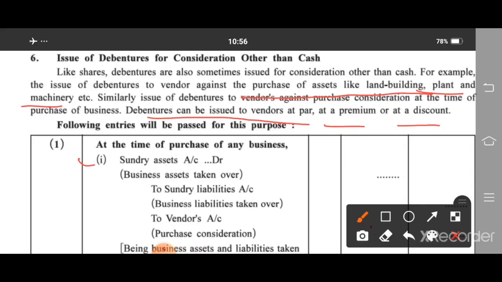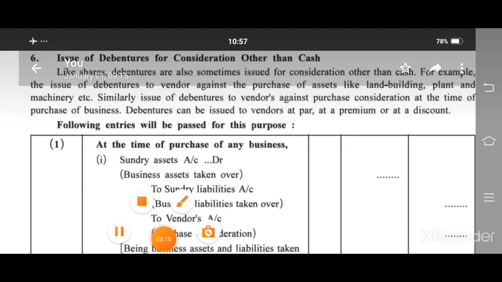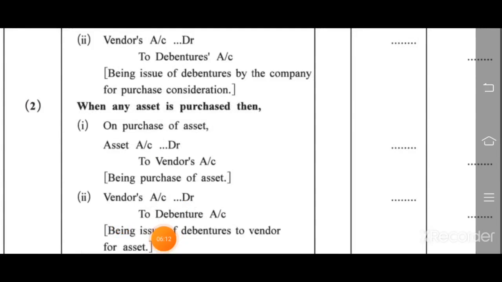Then journal entry would be passed at the time of purchase of any business. Sundry assets account debited, whatever assets we are going to purchase, to sundry liabilities account, business liabilities taken over, to vendors account, whatever given as purchase consideration, being business assets and liabilities taken as consideration. Second entry, vendors account debited to debenture account. Write down narration, being issue of debentures by the company for purchase consideration.